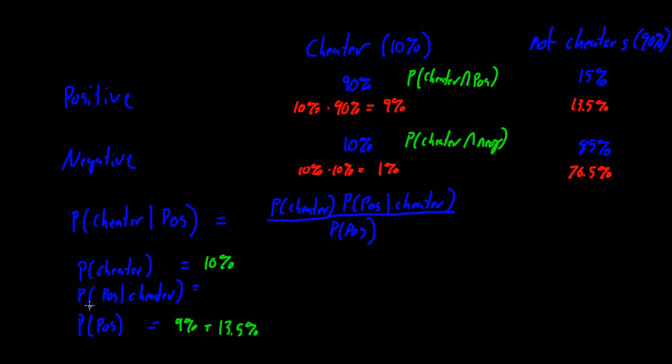Now we need to know the probability that someone got a positive result given that they're a cheater. We know this value is equal to the probability that someone has a positive result and that they're a cheater, divided by the probability that they're a cheater.